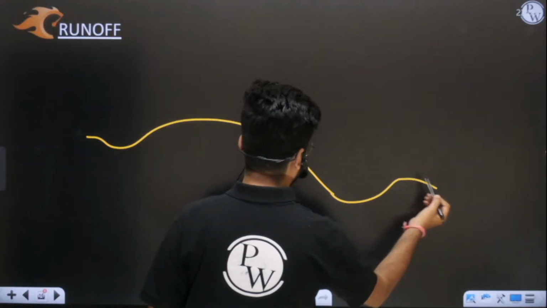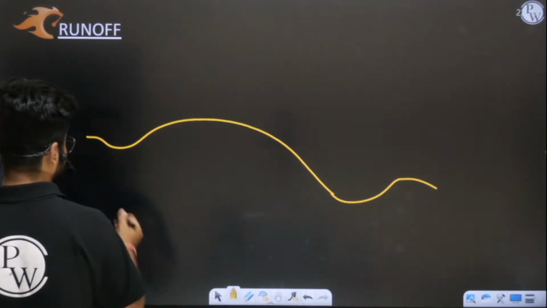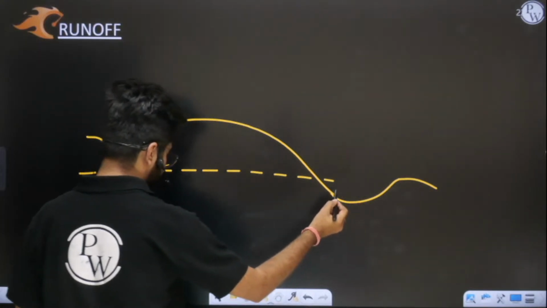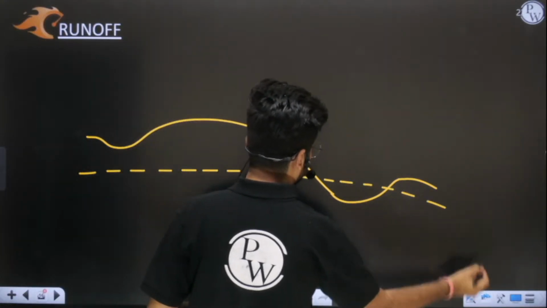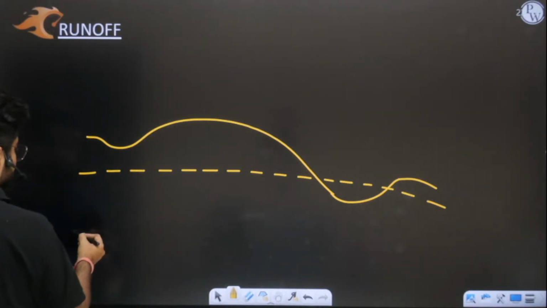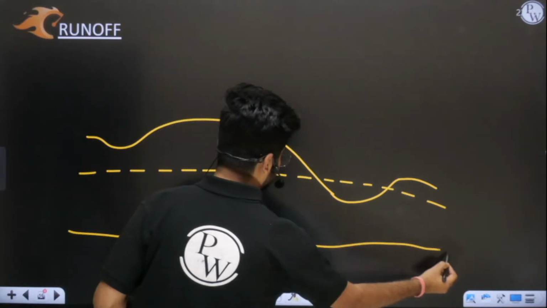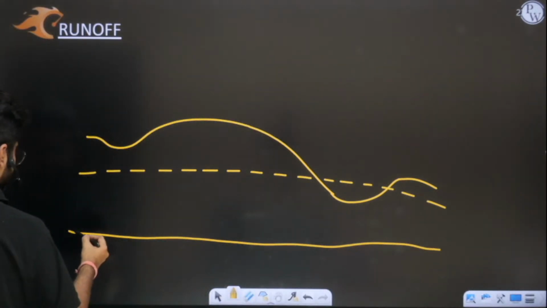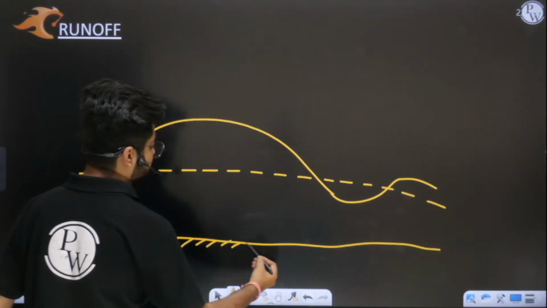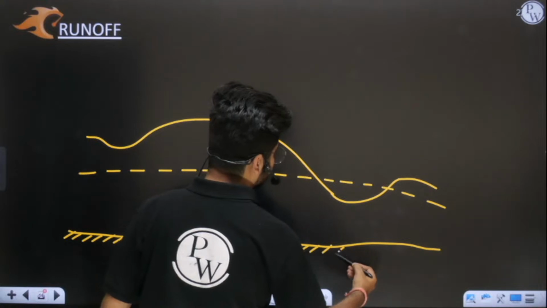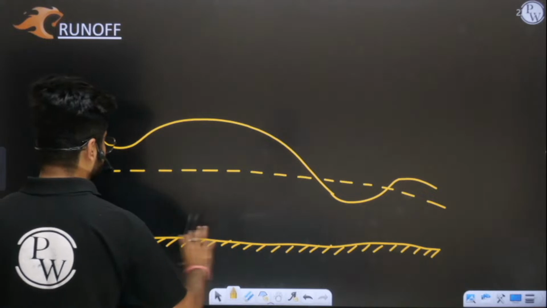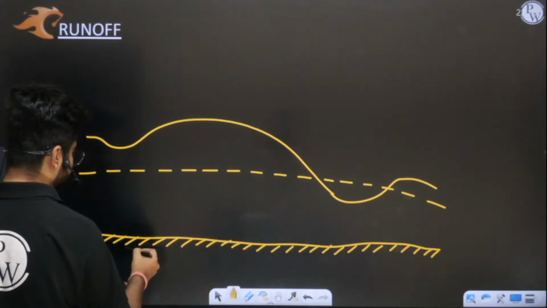Let us assume this is your groundwater, and this is your impermeable layer below which no water will go. This is basically your confining layer. I will show you what runoff exactly is and what the different components are. If you pay full attention to this class, you will know the concept of runoff.